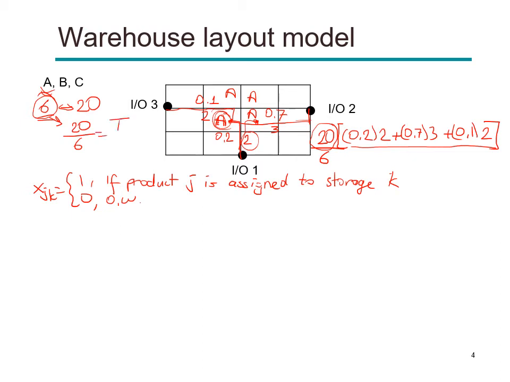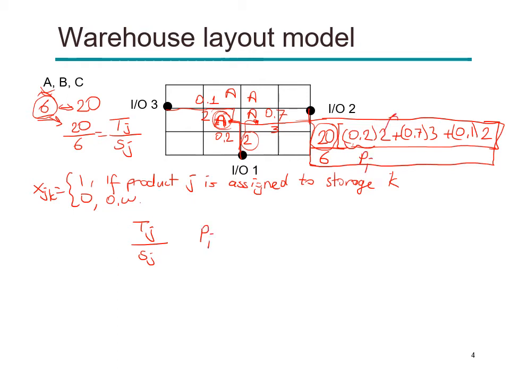Basically, this is T_j over S_j. So this is the total distance that we are making if we assign A to this storage location. And what do we have over here? 20 is T_j divided by S_j, right? And this is multiplied by this 0.2, which is p_i, the percentage.